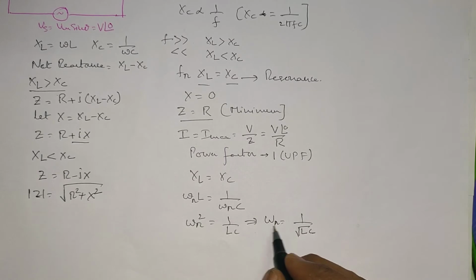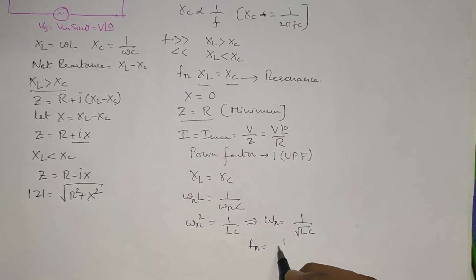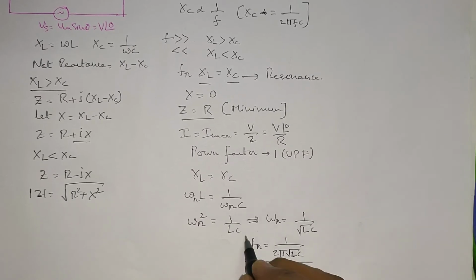Or if you consider omega_R as 2 pi Fr, we get the formula for resonance frequency as 1 by 2 pi root of L into C.